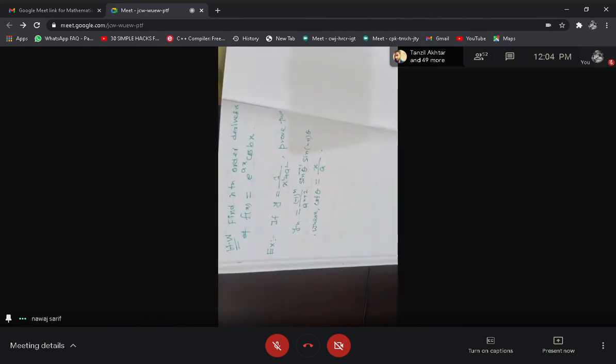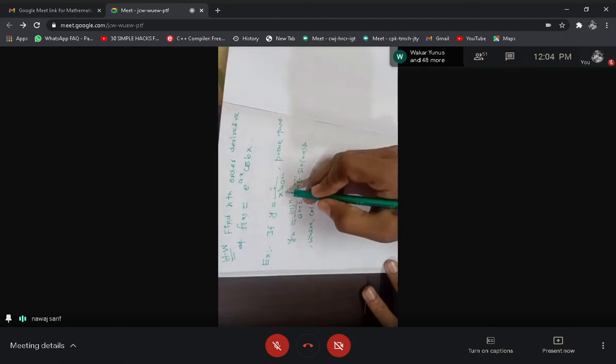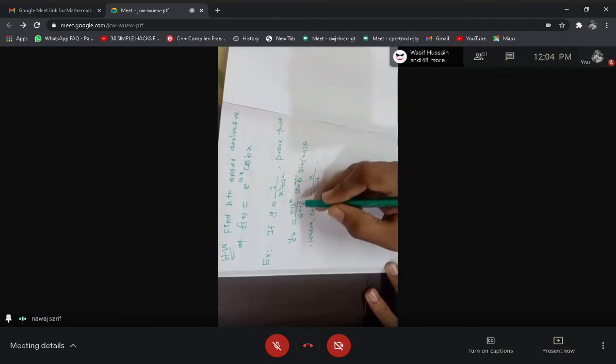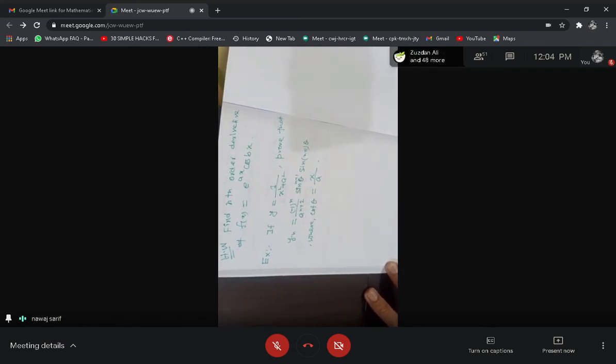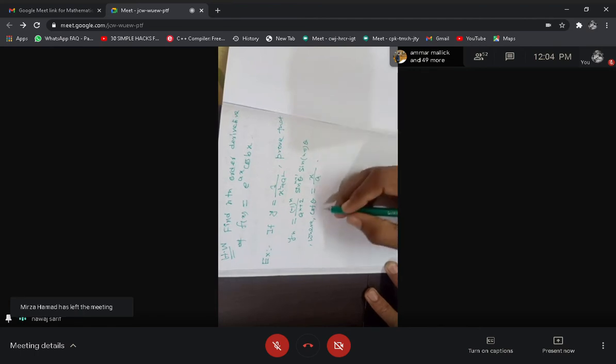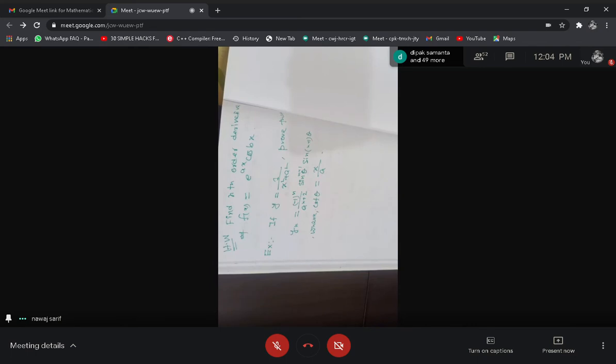Okay, can you find the solution? Try to find it. If y equals 1 upon x square plus a square, then prove that y_n is minus 1 to the power n upon a to the power n plus 1, sin to the power n plus 1 theta into sin(n plus 1) theta, where cot theta is x upon a.